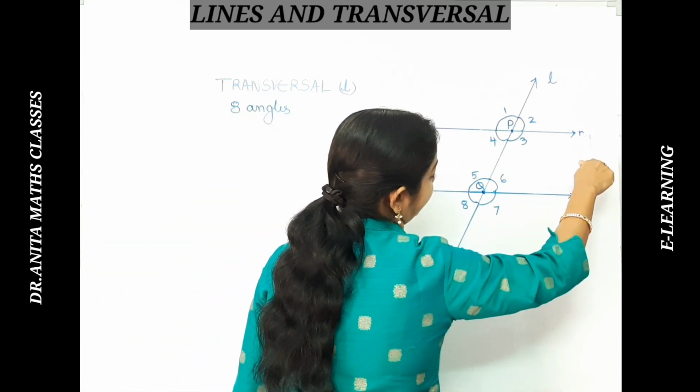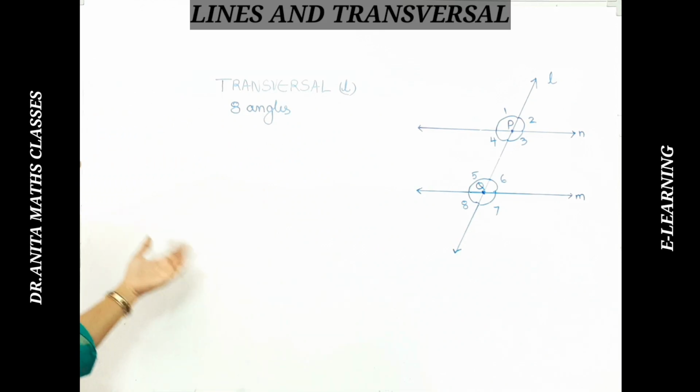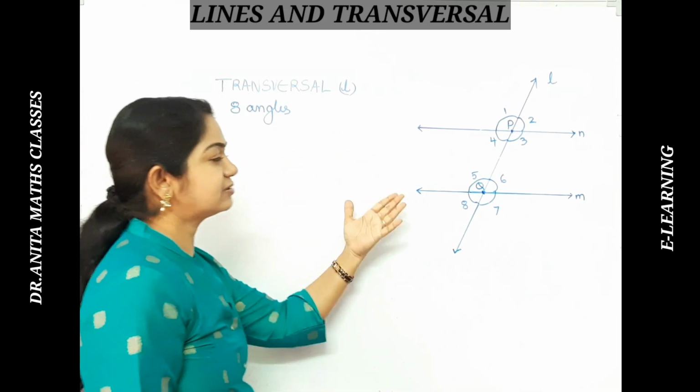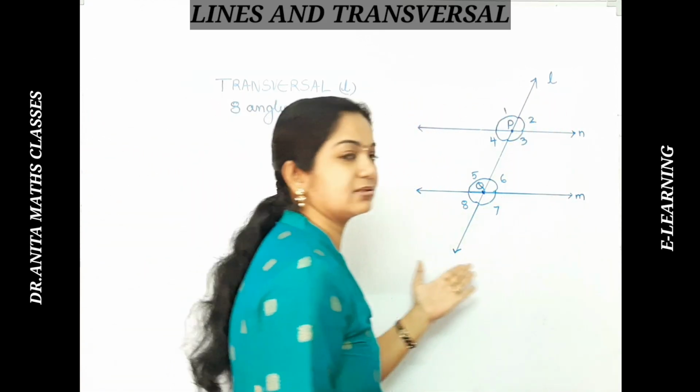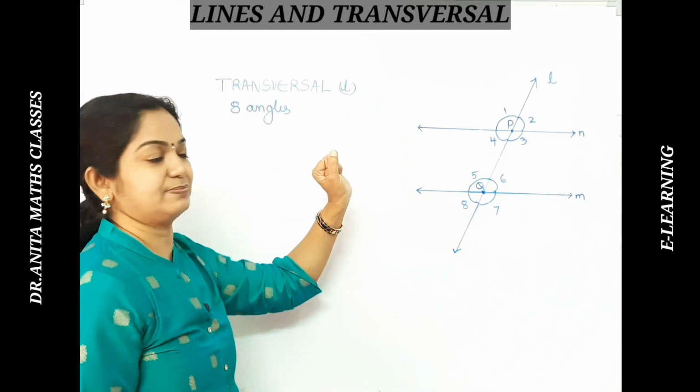Here, M and N, I have drawn parallel lines. Now there are specific names for all these angles formed, and there are theorems proving some concepts here. Let us discuss those.